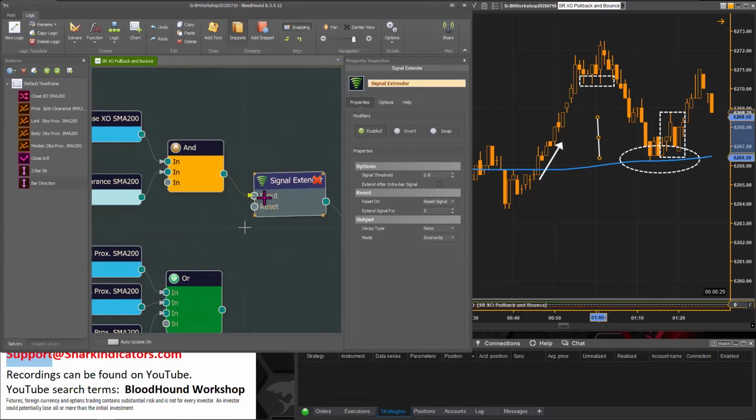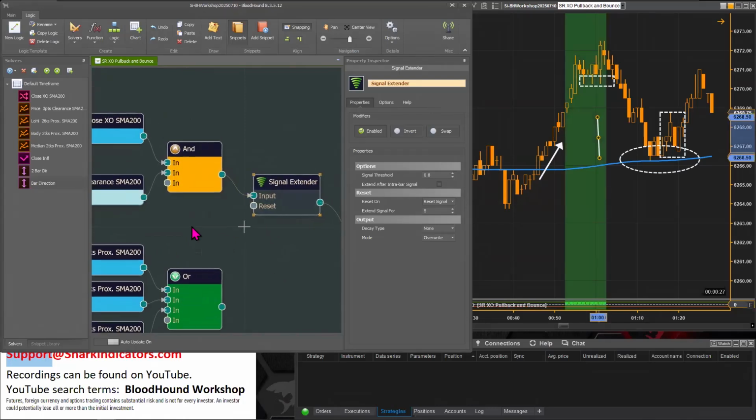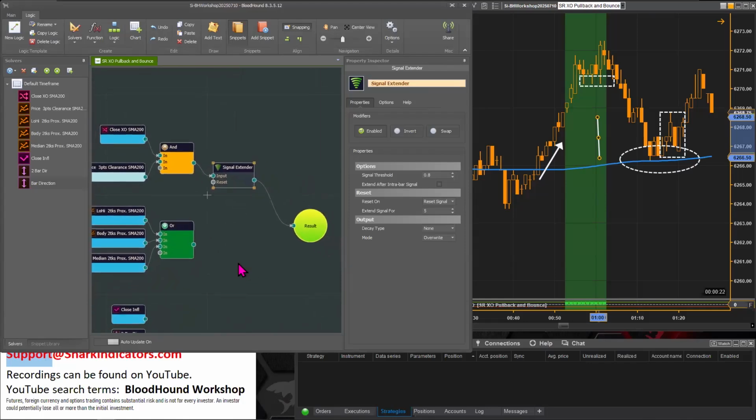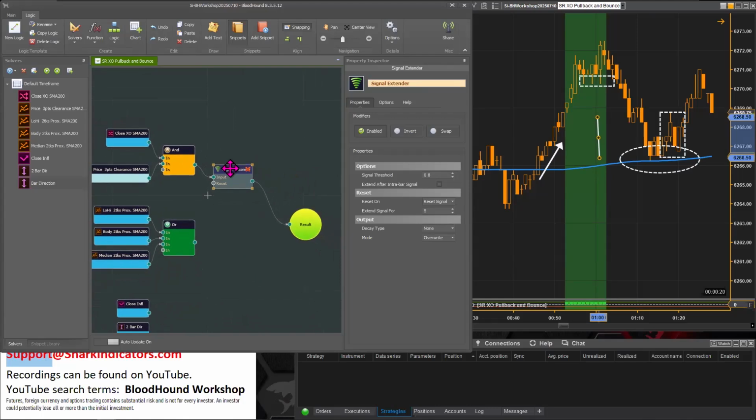So let's connect that into the input. There we go. So the signal extender, the default's 5 bars, and we definitely need more than 5 bars here.